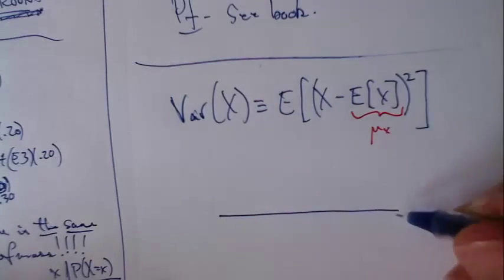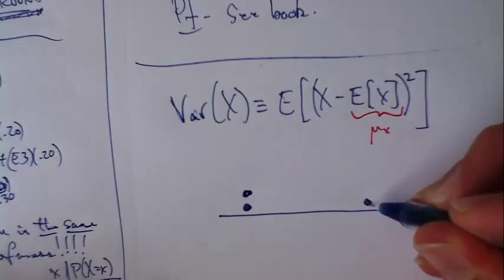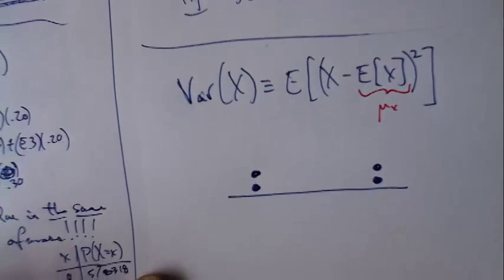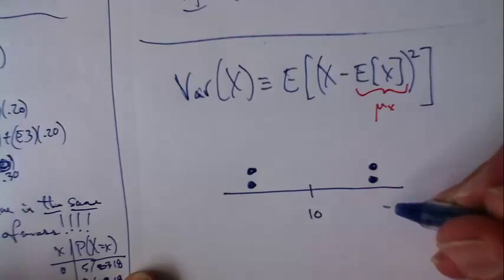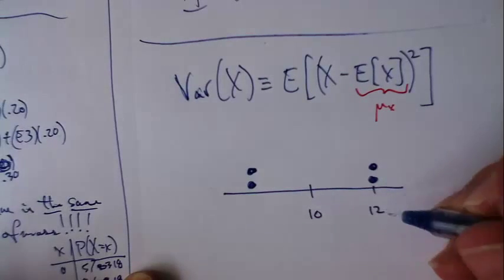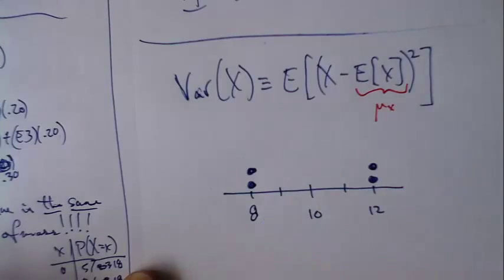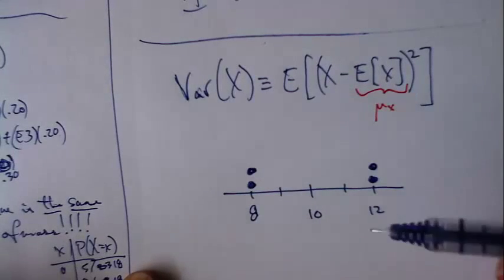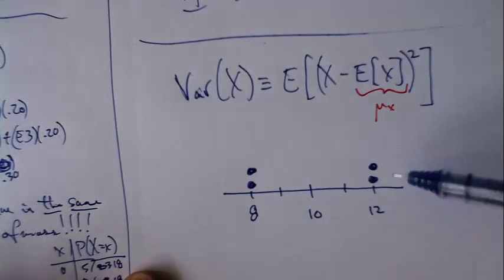What if I had some weights here and there? Maybe I'm really talking about a random variable. Maybe this is 10, and this is 12, and so this would be 8, right? Looks like half the time we see 8, half the time we see 12. Something like that.